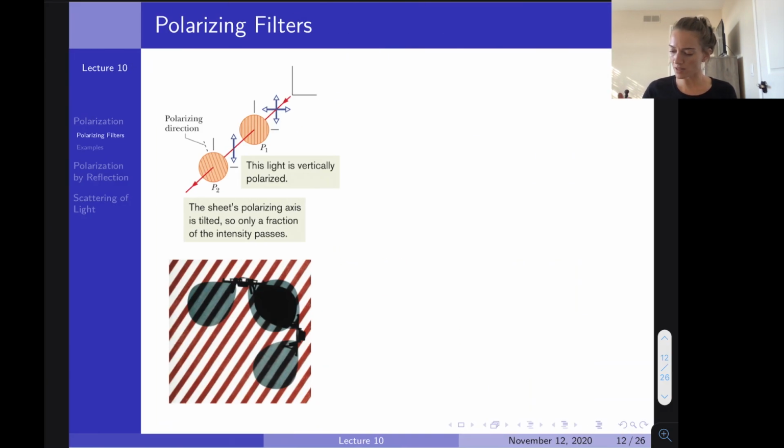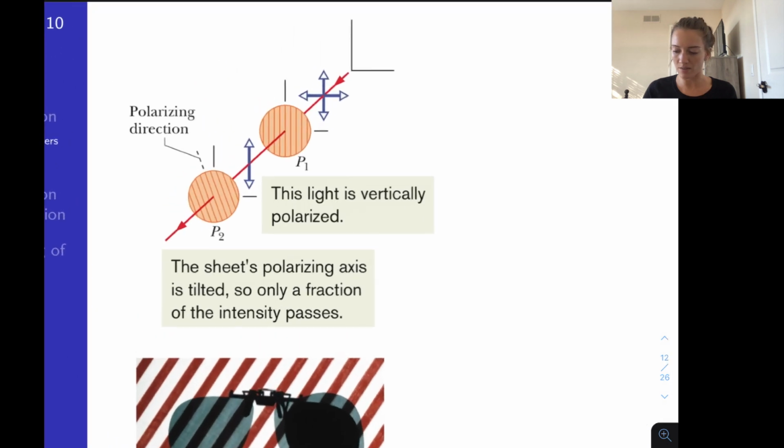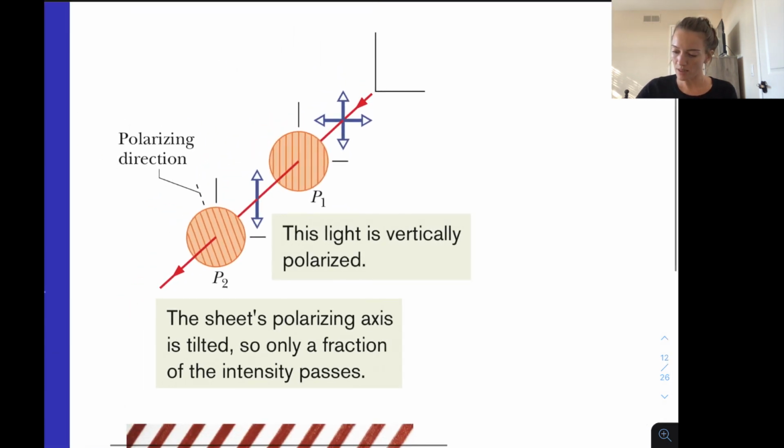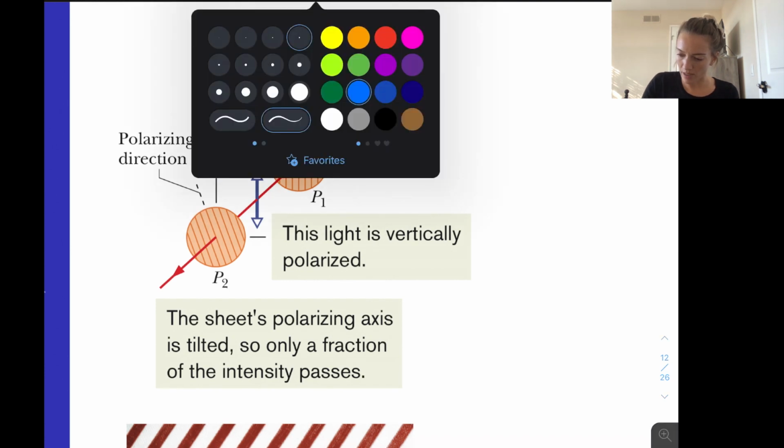Okay, so let's look at just some qualitative examples. Here we have unpolarized light going through a polarizing filter. We already know that half of it gets through, so we have half of the intensity over here. Now it goes through another polarizer.